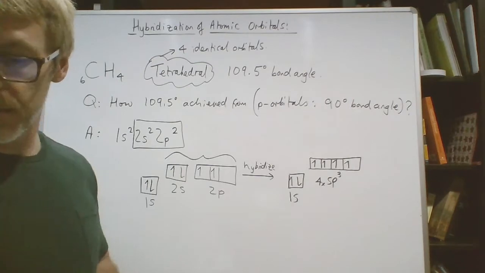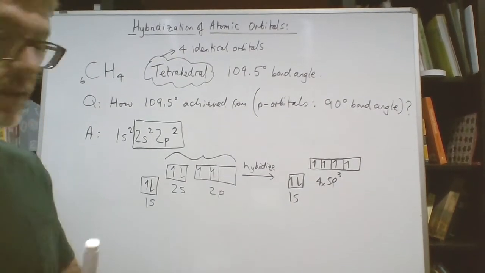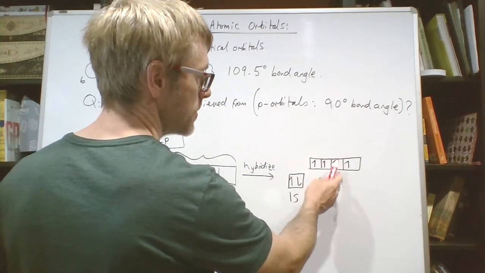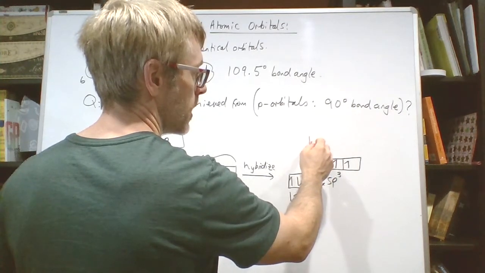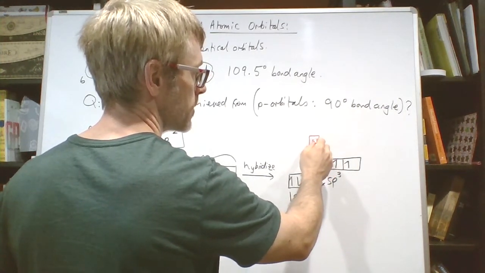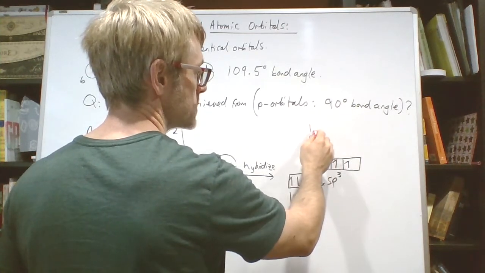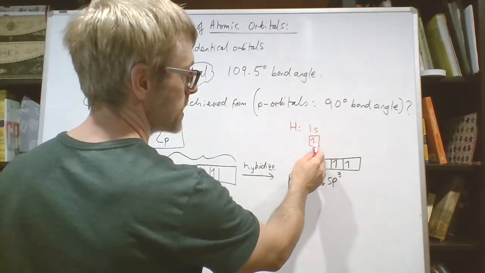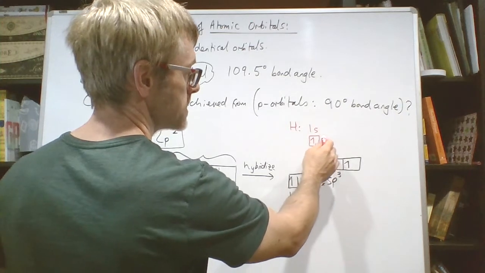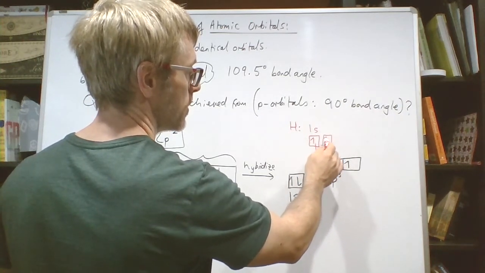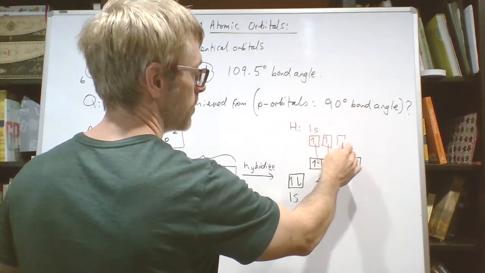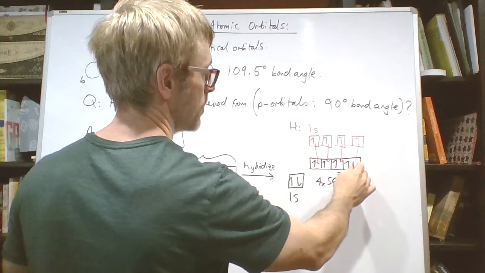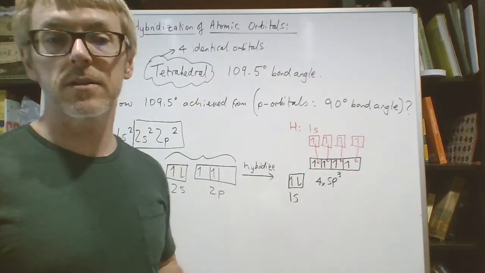And if I find my red pen, which I didn't get ahead of time, then I can see that each sp3 hybrid has a vacancy wherein a 1s orbital from hydrogen, because we need 4 hydrogen bonds, can go right in here, and so on, and form our 4 covalent bonds.